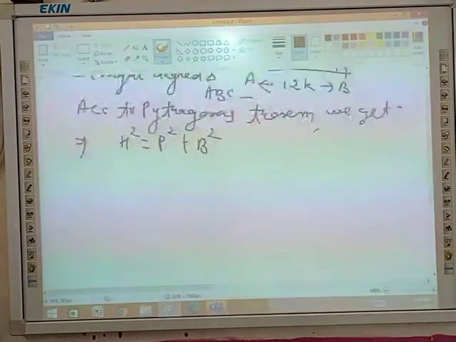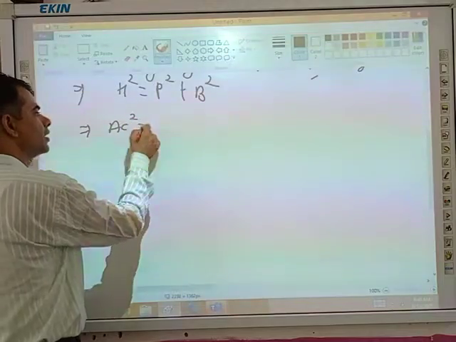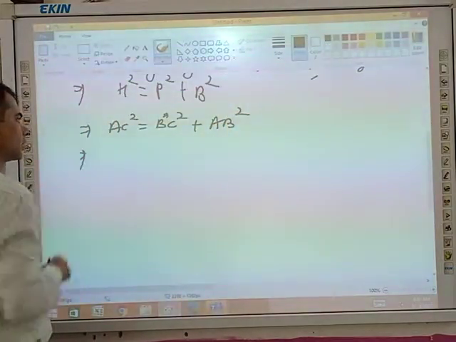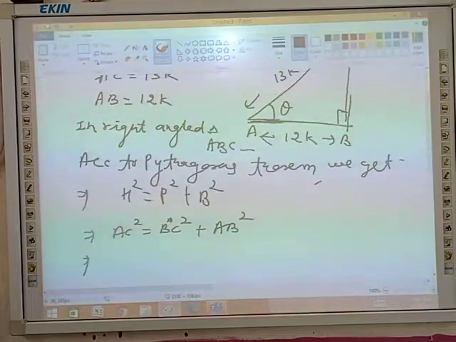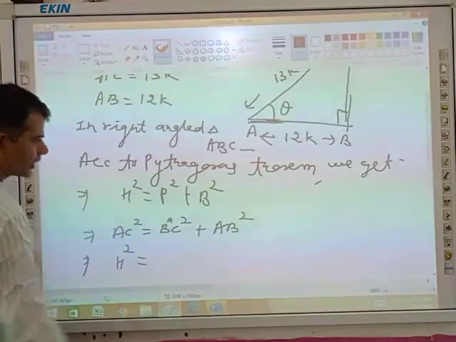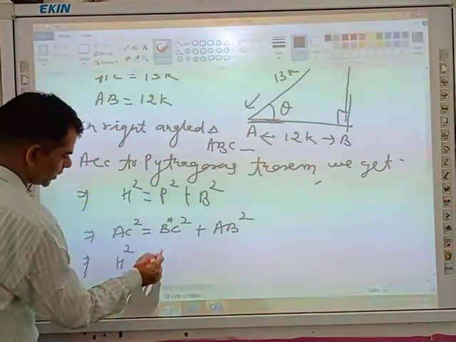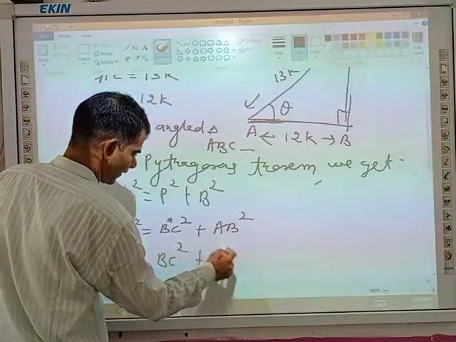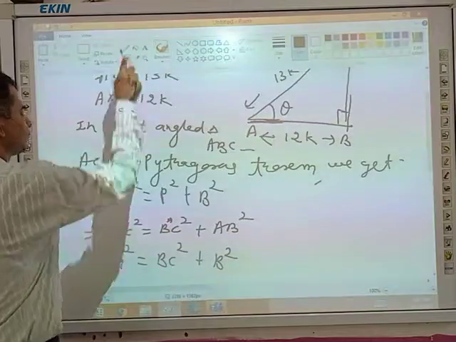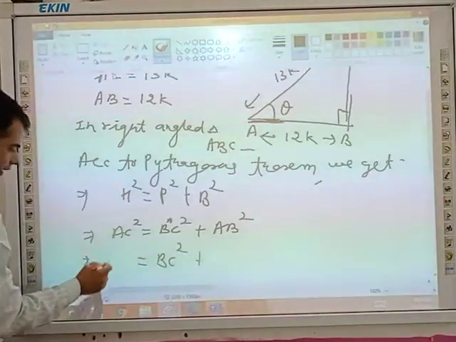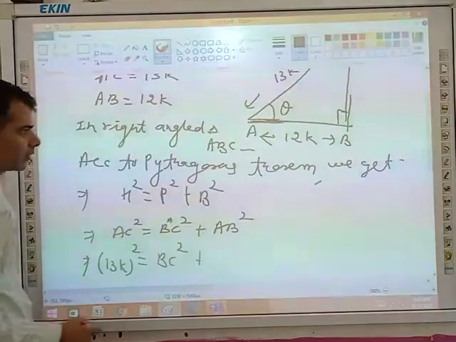Hypotenuse is AC, so AC square equals BC square plus AB square. AC is your 13K, and AB is your 12K.